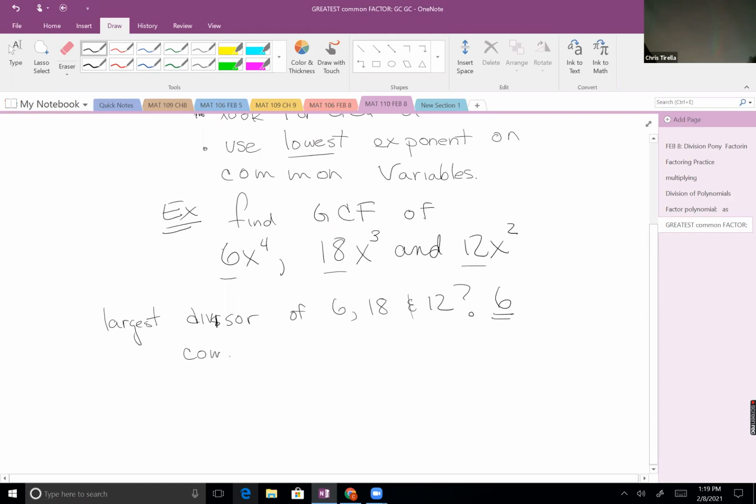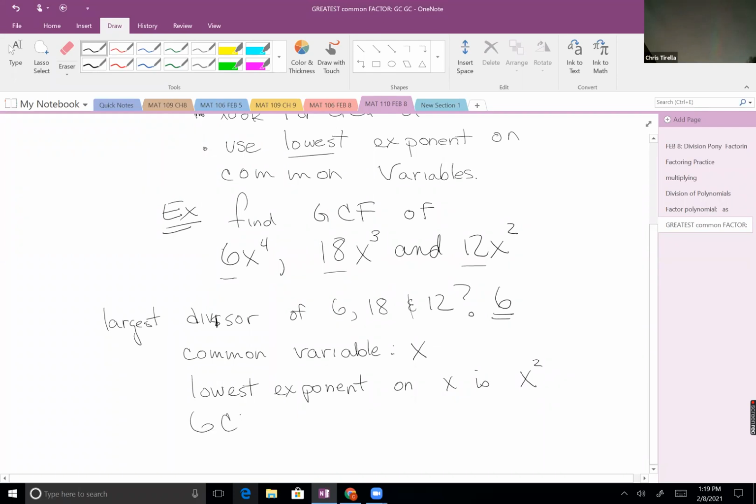And then they all have a common variable, which is x. And the lowest exponent on x is 2.